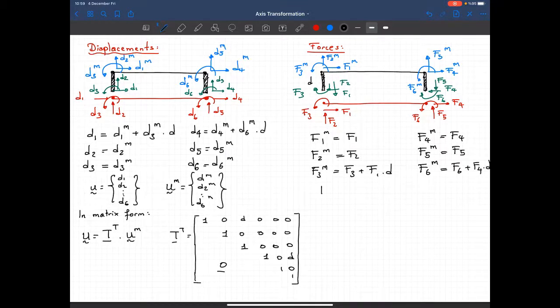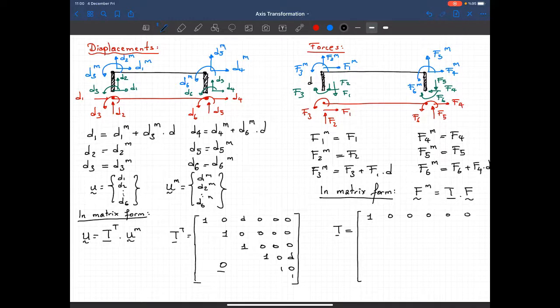Now if I write everything in matrix form, I have the following relationship. Fm is equal to the transformation matrix multiplied with the forces at the ends of the typical member. And if we write the transformation matrix, we have the following relationship. I got 1, 0, 0, 0, 0, 0.